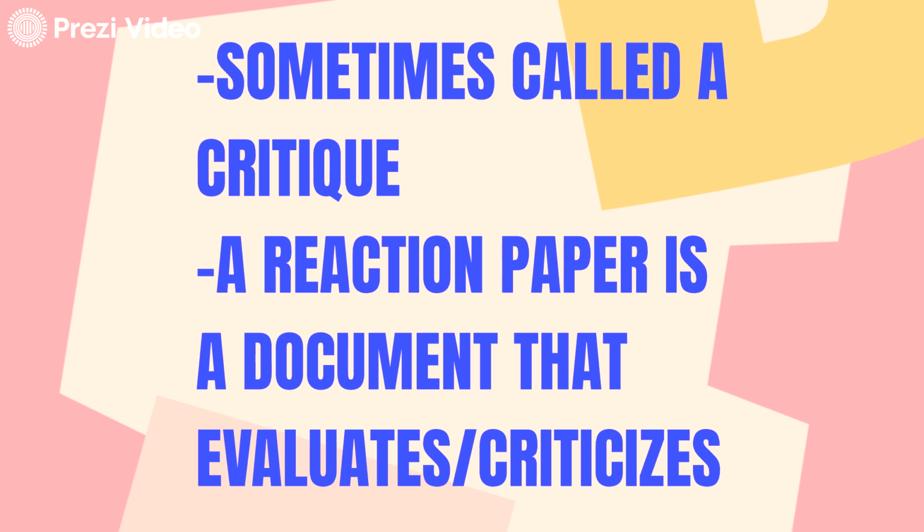It may evaluate an ordinance, a law, a policy, or in the field of literature, it may also criticize literary texts, movies, even food. Okay, so in criticizing and evaluating these things, usually the output that we are able to produce is a reaction paper.